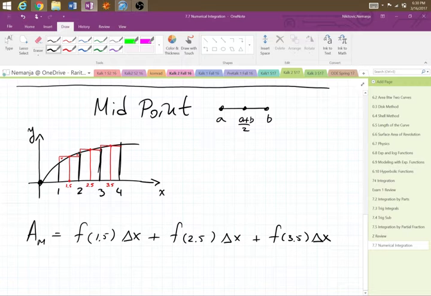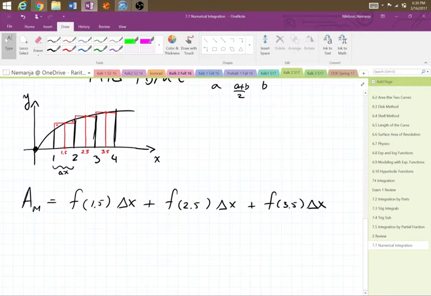I'm looking for area of rectangles. It's length times width. So the height of the rectangle is f of x computed at a value, and the width is delta x. Still 1, right? So delta x is the width of each one of these. So this is equal to square root of 1.5 times 1 plus square root of 2.5 plus square root of 3.5.